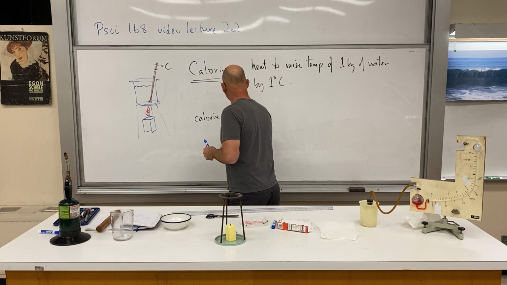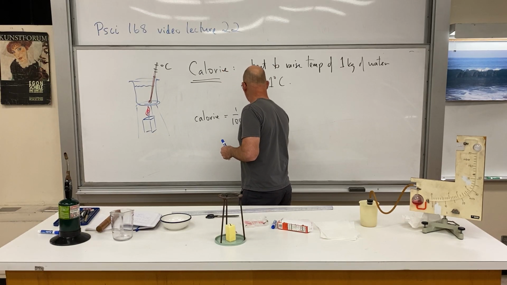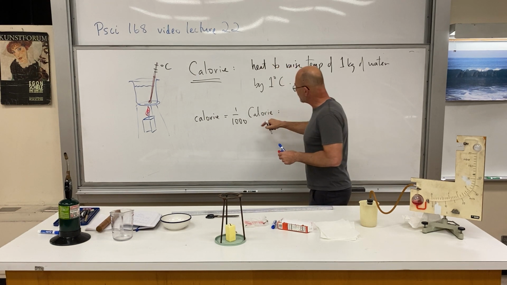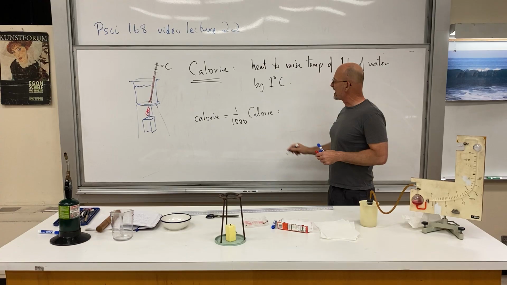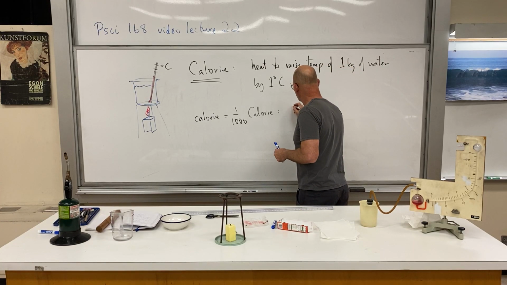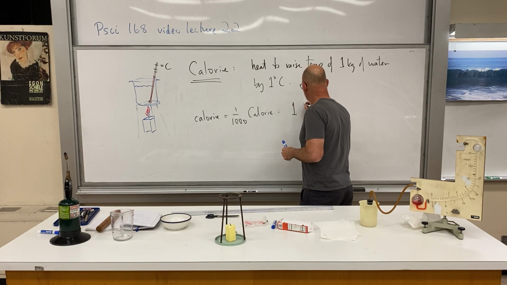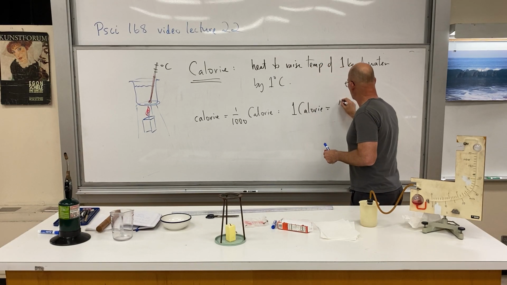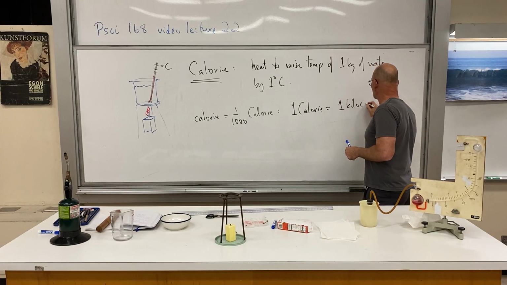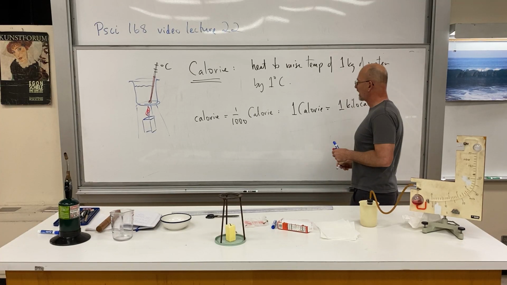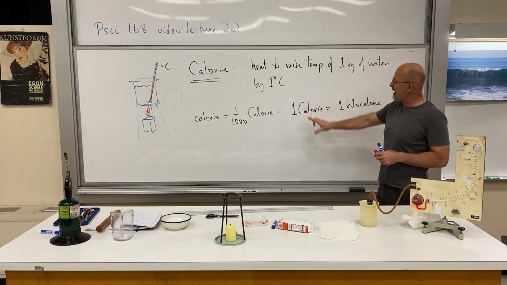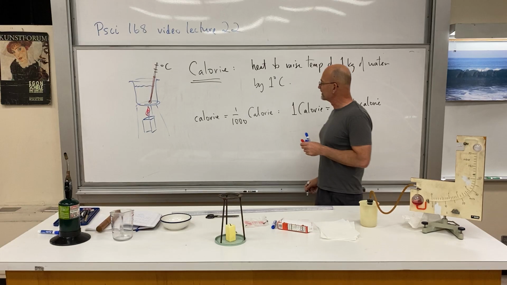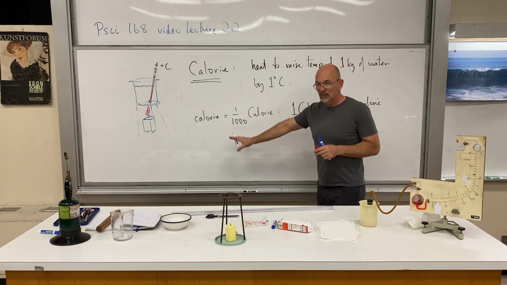Calorie equals 1/1000th of a Calorie. This is also referred to as the kilocalorie, so you may run into that. So 1 Calorie equals 1 kilocalorie. Okay? I like to start with the capital C Calorie because that's the actual food calorie. This is the calorie that we're thinking of when we eat food.